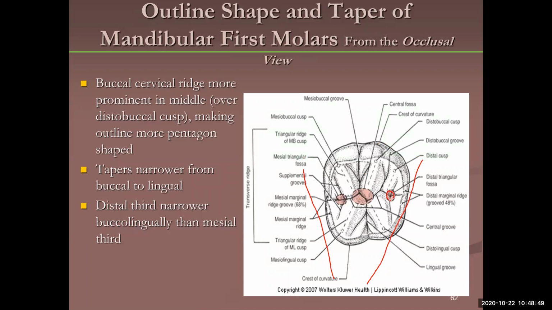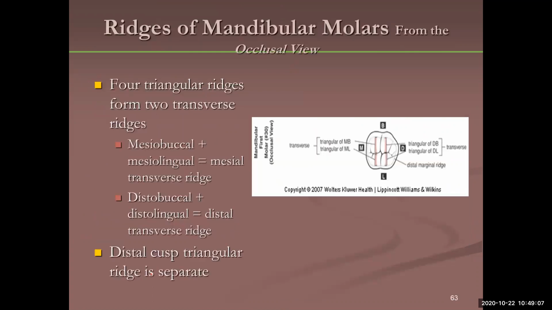And again, look at these pits. You have to be very specific when you are naming your pit. Mesial pit, central pit, distal pit. Triangular ridges and transverse ridges. You need to draw your transverse ridges and label them.